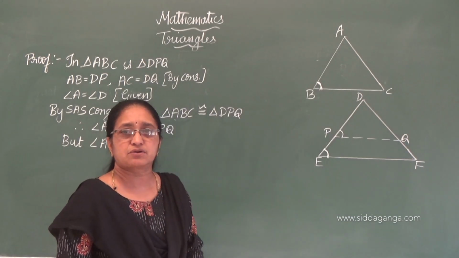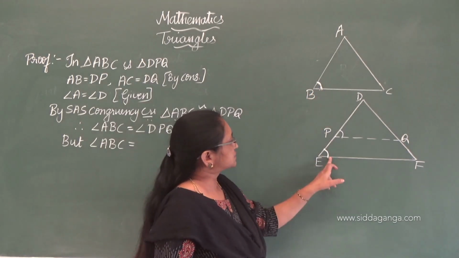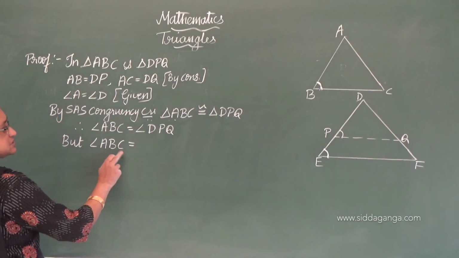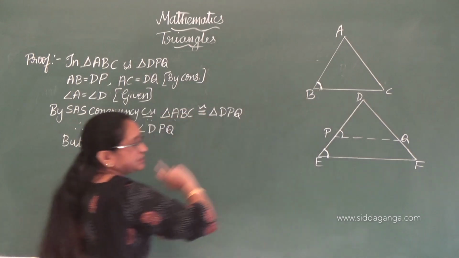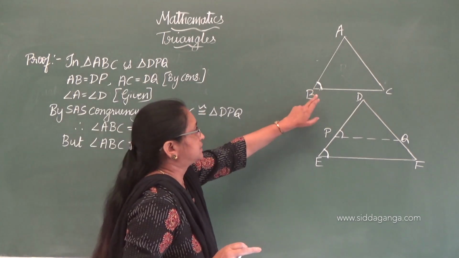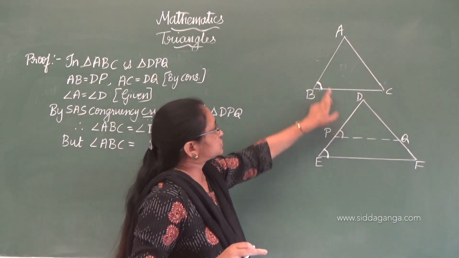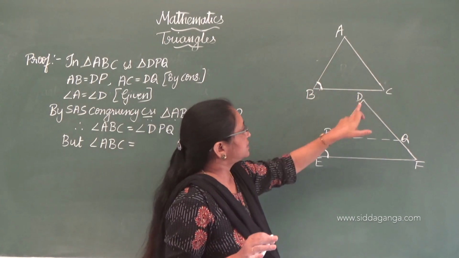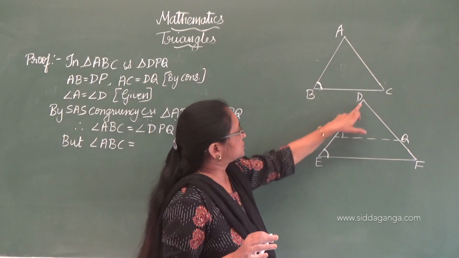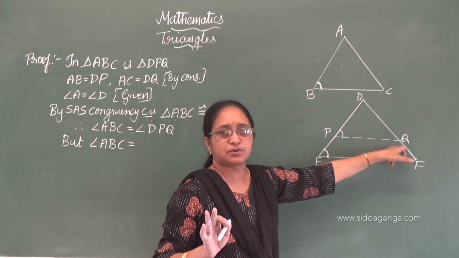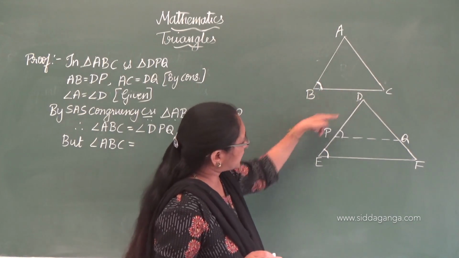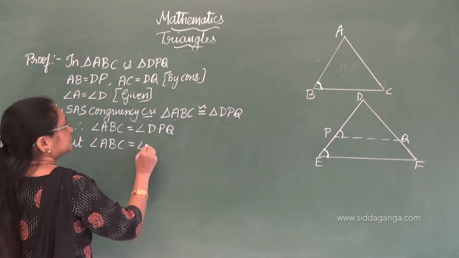So, angle B is equal to angle E, right? Okay. So, ABC means it is nothing but angle B. I am talking about angle B. So according to CPCT, angle ABC is equal to angle DPQ. Now, angle ABC is also equal to angle DEF.